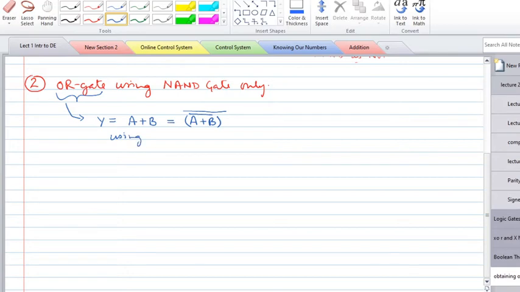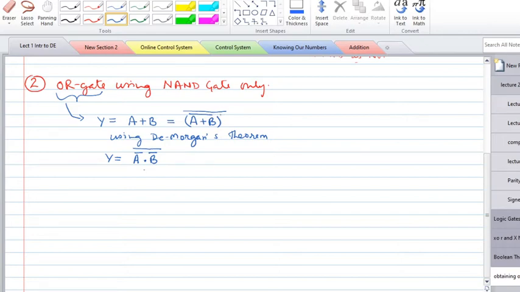Using De Morgan's theorem, or De Morgan's law, this becomes y is equal to A bar dot B bar with bar. Okay, solve this internal bar first.